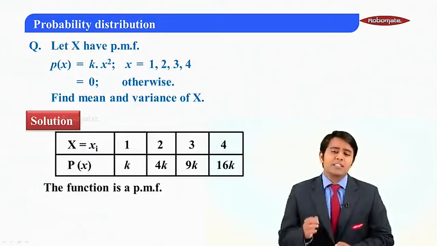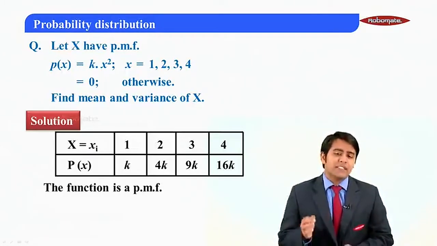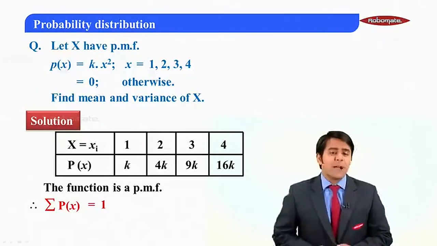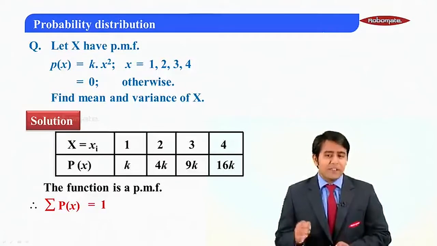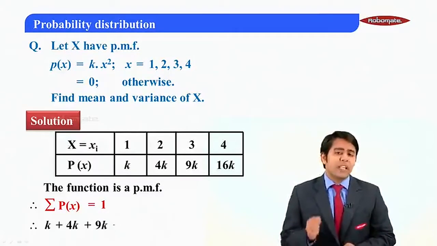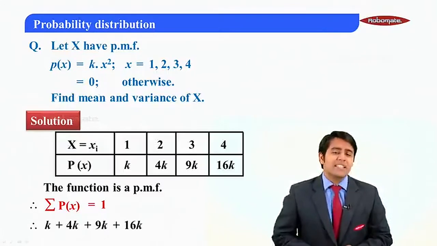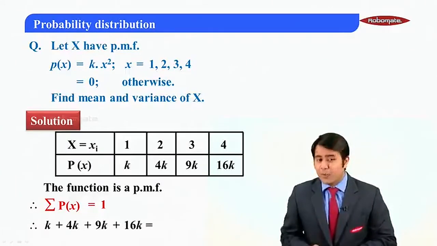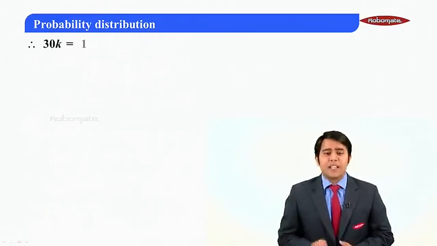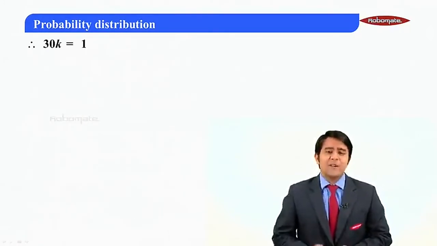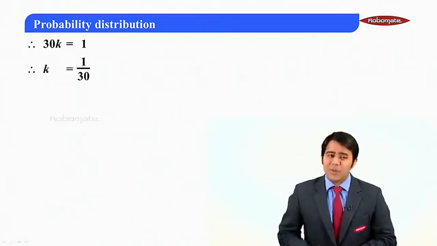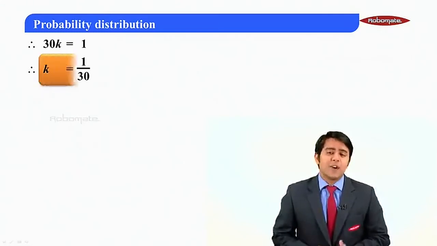Since this is a PMF, I can say that the summation of probabilities will be equal to 1, which means k plus 4k plus 9k plus 16k should be equal to 1. Now when you add the values here, the sum turns out to be 30k, and this value is equal to 1. Therefore we can say that k is 1 upon 30. So this is the value for k.